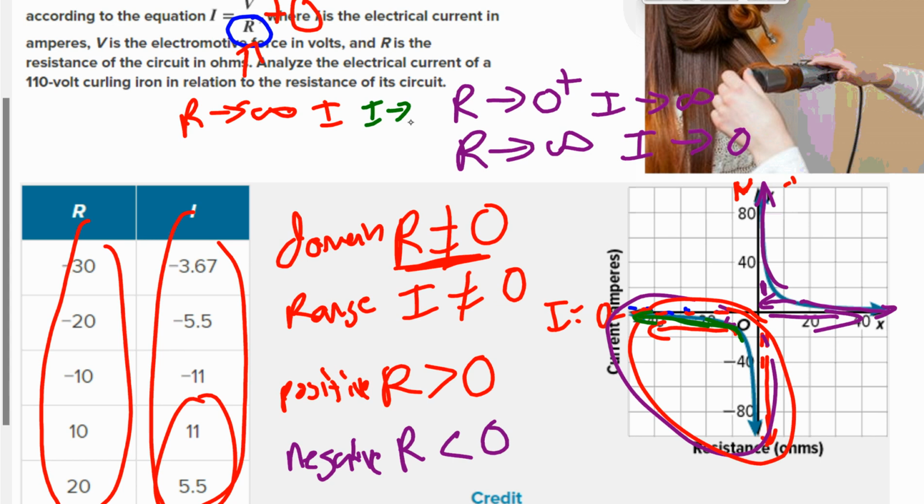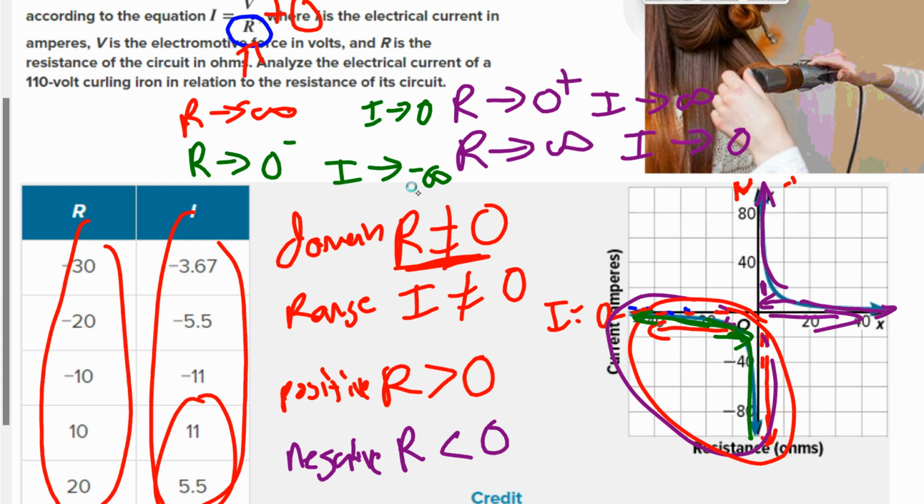And then as my R gets closer and closer to 0 from the left, my current goes which way? This one goes down, so negative infinity. And so that would be our end behavior there to represent that.